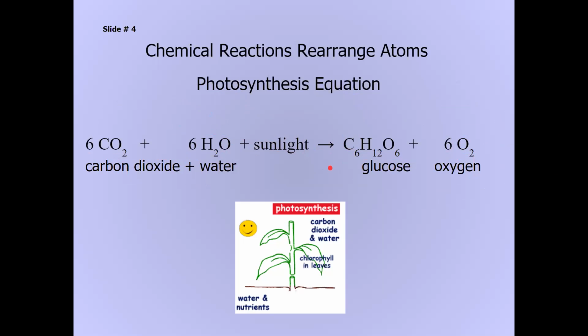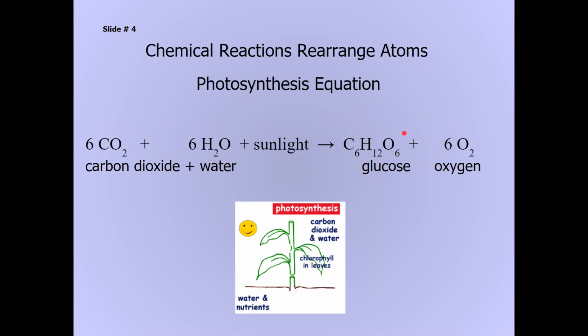Something else that I want you to notice is that we have the same types of atoms on each side of the reaction, right? So over here, we have a C, we have an O, and we have an H. And then we have the same types of atoms on this side. We have a C, we have an H, and we have some O's.